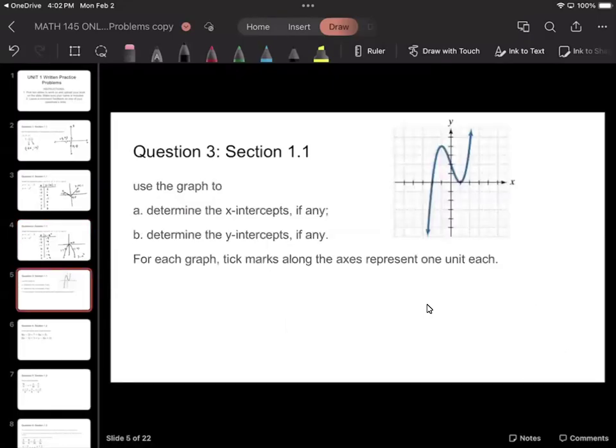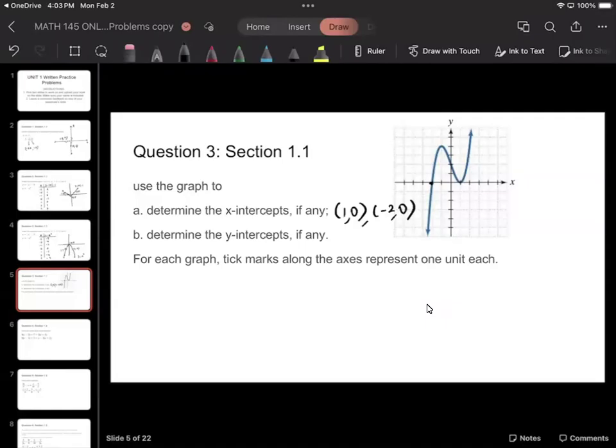Here, the question is asking you to look at the graph and then determine whatever is asked of you. The first question is asking you for the x-intercepts. So what are the x-intercepts? Wherever your graph touches the x-axis. So here it looks like the x-intercepts are (1, 0) and (-2, 0).